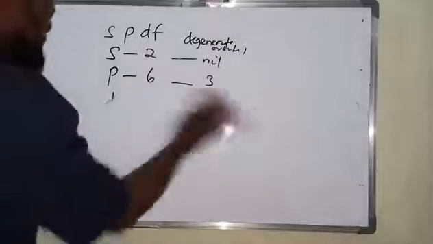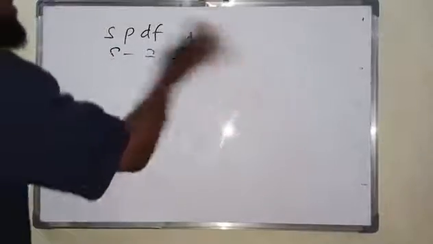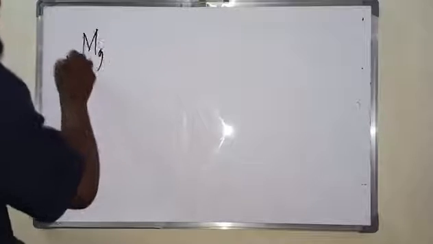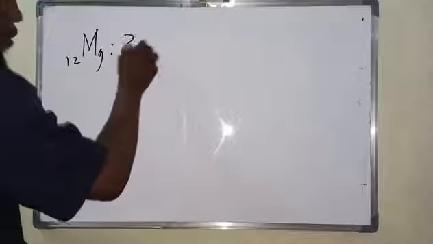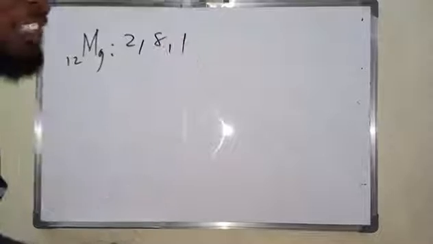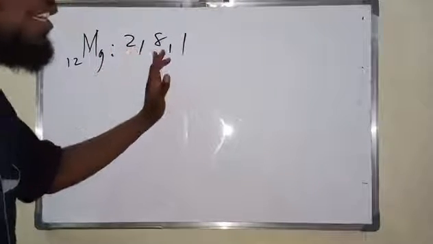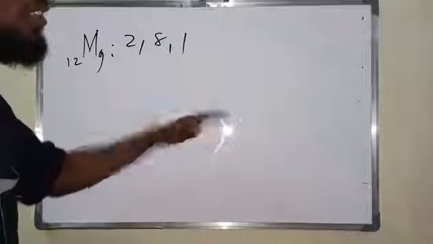So the next thing to talk about here, which will be very important for our exam, is writing electronic configuration using the SPDF format. If I write the electronic configuration of magnesium, we know we arrange the electrons in terms of the energy levels: the first energy level, the K shell, the L shell, the M shell, and so on.